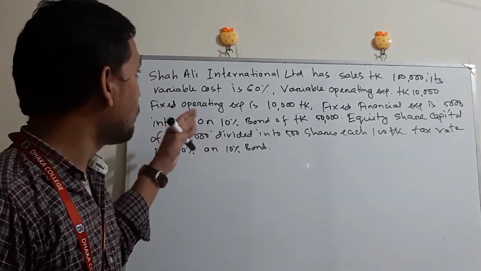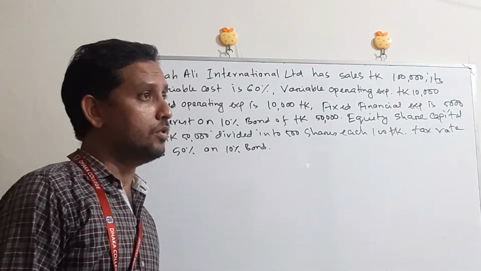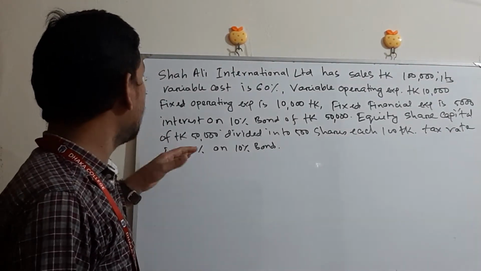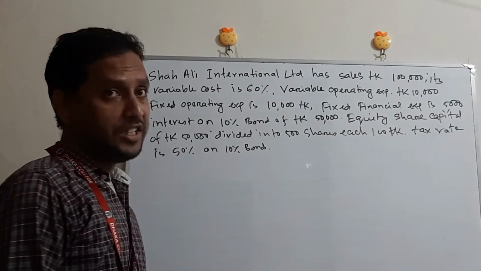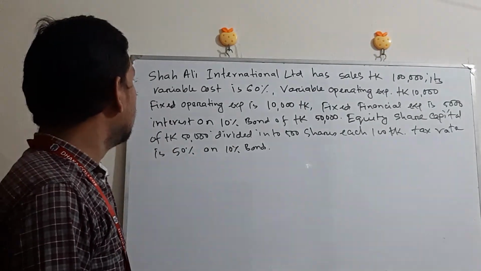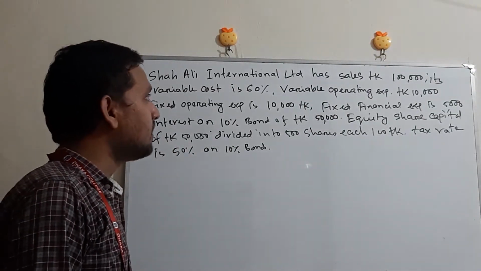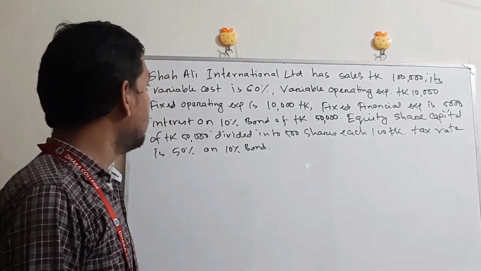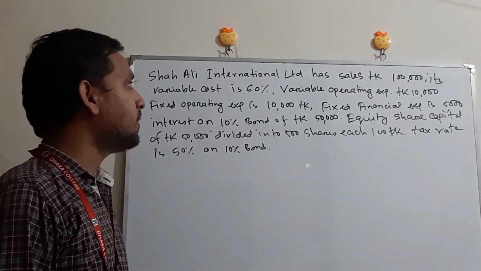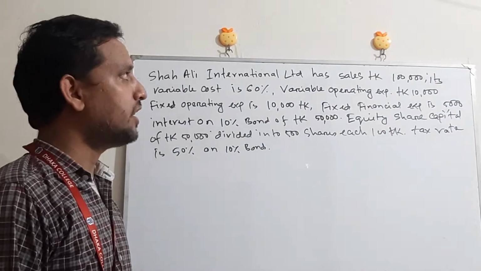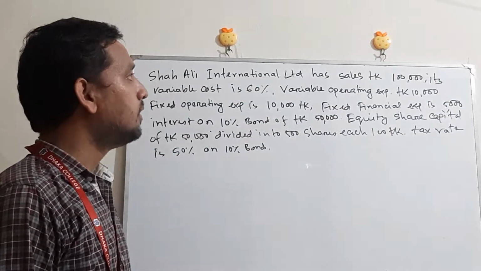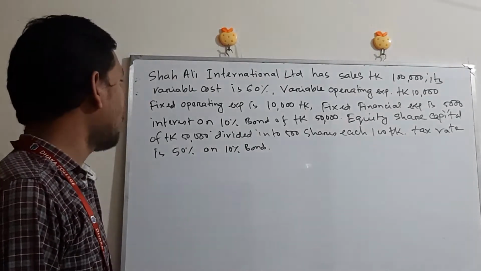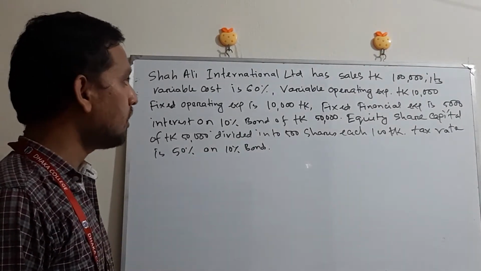I write down a question on the whiteboard. Just I read it. Shah Ali International Limited has sales taka 1 lakh. Its variable cost is 60%. Variable operating expense is 10,000 taka, and fixed operating expense is 10,000 taka.